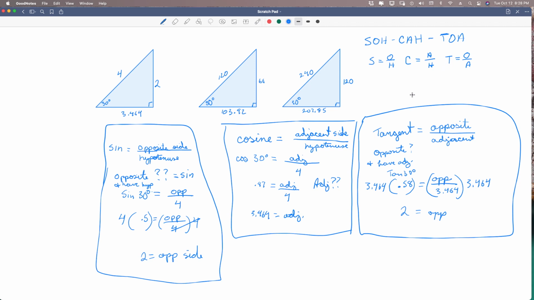Okay? You type in the degree of the angle and press the key. And that gives you the sine or the cosine or the tangent.